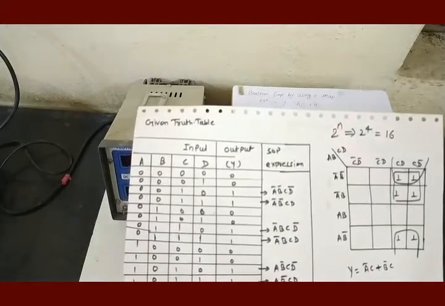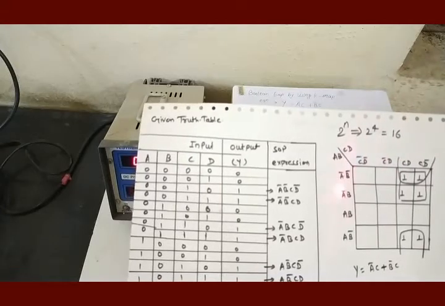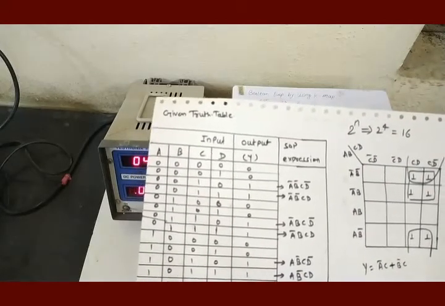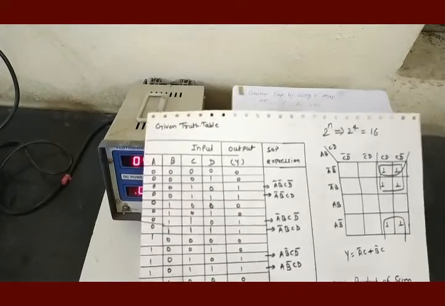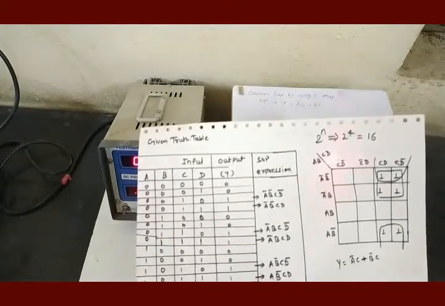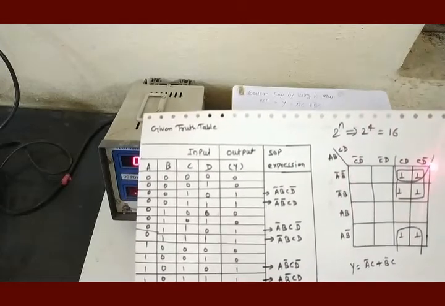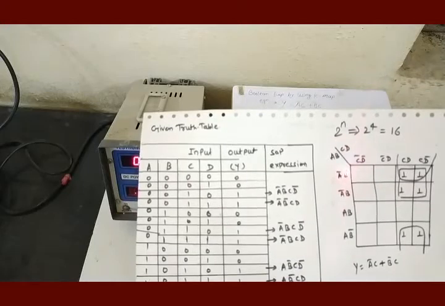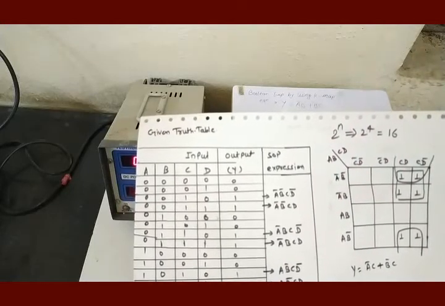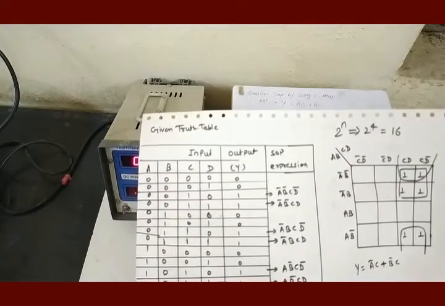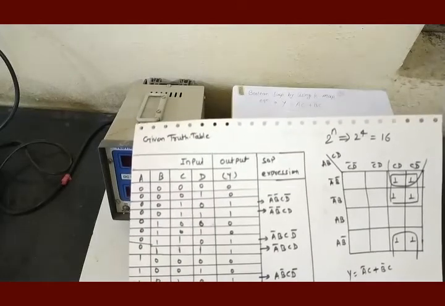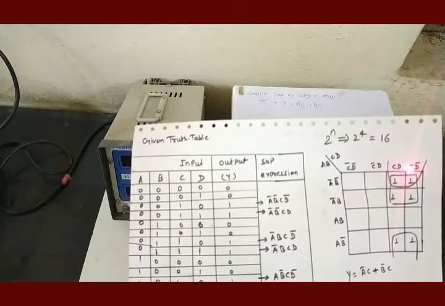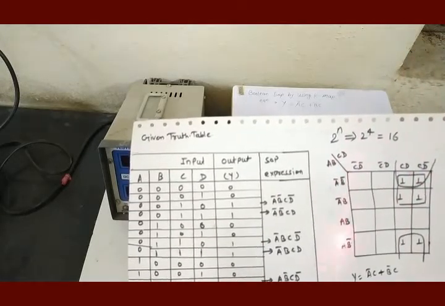Now, how to put these variables and their bars here? For that, we have to use the gray code number system to put the variables row wise and column wise. Using gray code, the variables are put column wise and row wise.